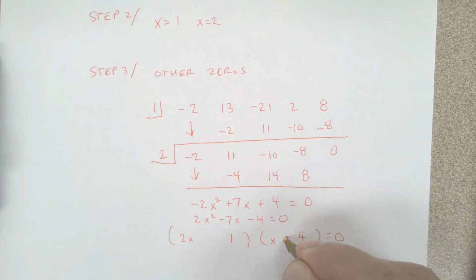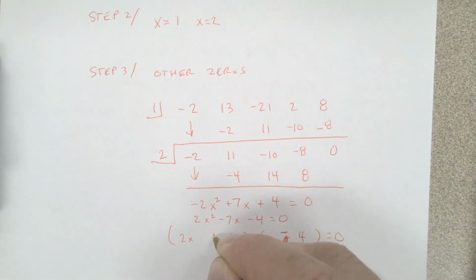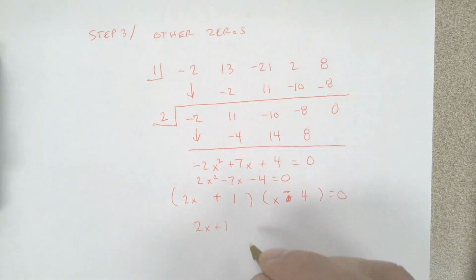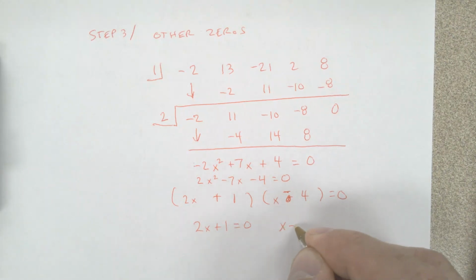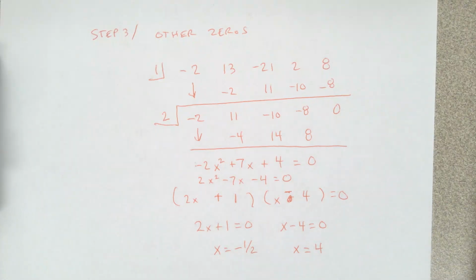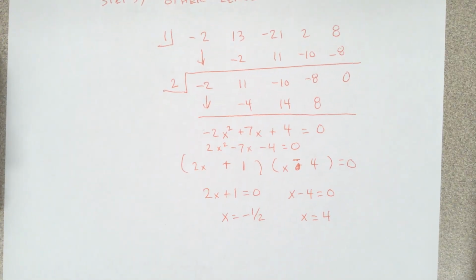So this is actually going to be negative 4 and positive 1. So now we can do 2x plus 1 equals 0, x minus 4 equals 0. That's going to give us x equals negative 1/2, and x equals 4. So we now have our other two zeros.